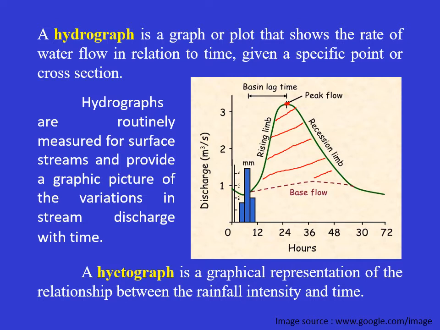Now, in this picture, on the left hand side, you must see some blue colored bars. This is basically known as the hyetograph. It is the reason for which this hydrograph shows this much peak in this portion. So that represents the rainfall event or the monsoonal event or the storm event.